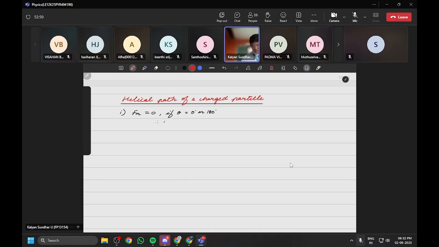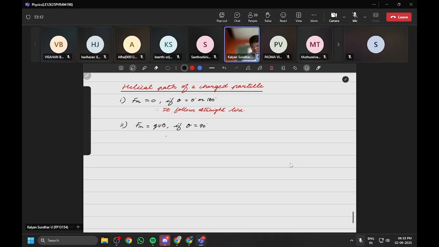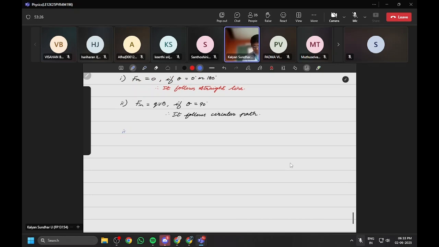Therefore, it follows the straight line. Now, Fm will be equal to QVB if theta is equal to 90 degree. Therefore, it follows circular path.